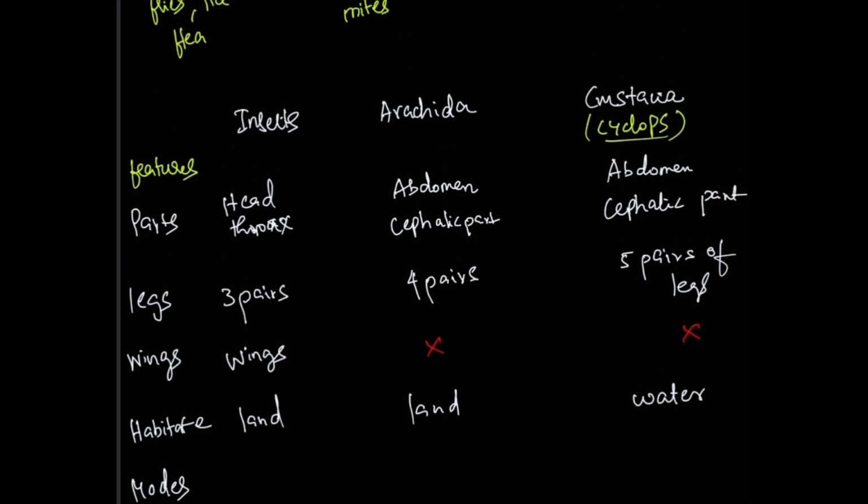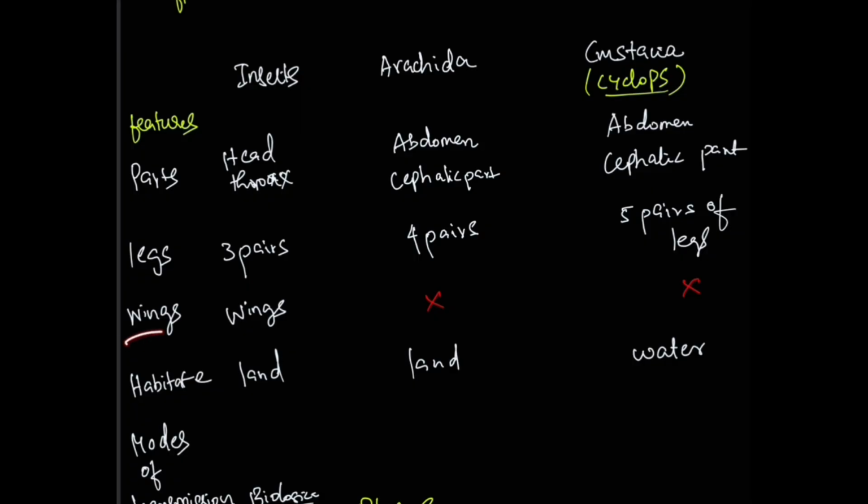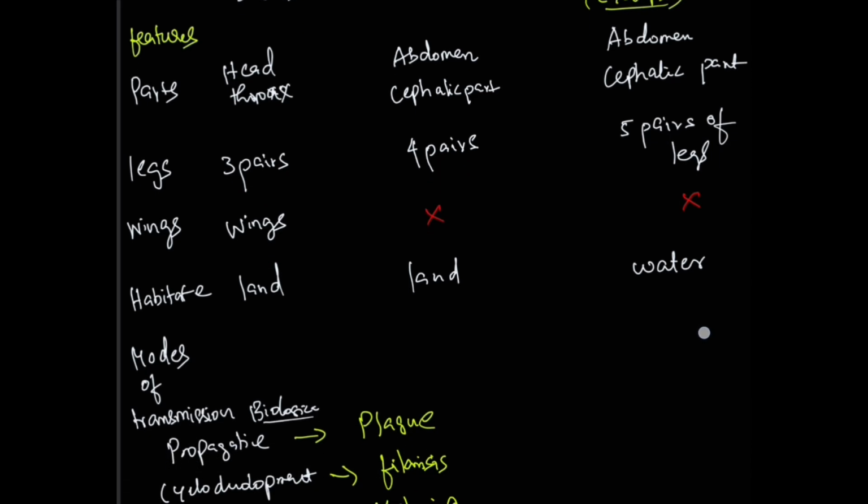Coming to legs, insects have three pairs of legs, Arachnida have four pairs of legs, and crustacea have five pairs of legs. In wings, only insects have wings, like mosquito, Aedes, Culex. Arachnida and crustacea don't have any wings.